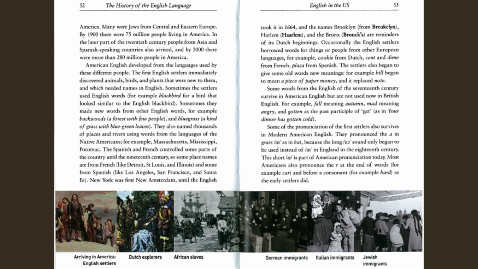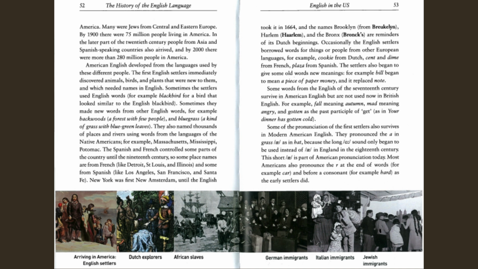New York was first New Amsterdam, until the English took it in 1664. And the names Brooklyn, from Breukelen, Harlem, from Haarlem, and the Bronx, from Bronck, are reminders of its Dutch beginnings.